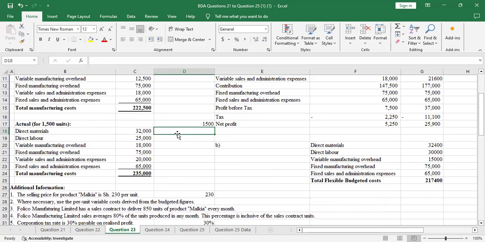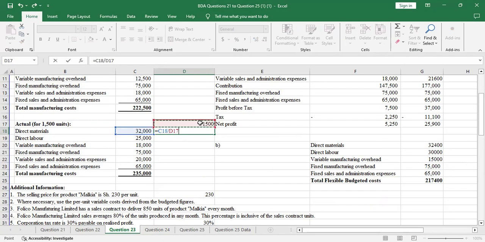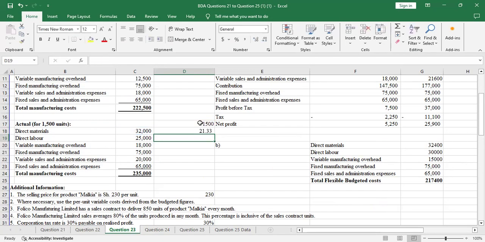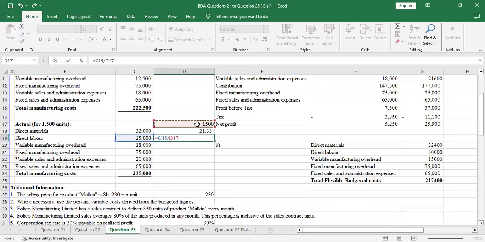In this, we are given actual: 32,000 shillings, but we had 1,500 units, so we'll get the cost per unit. Then I'll do the same with direct labor per unit, and then with variable manufacturing per unit.